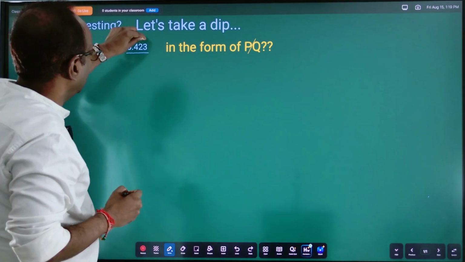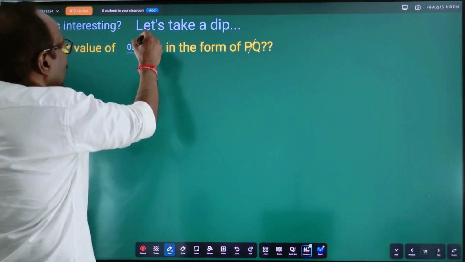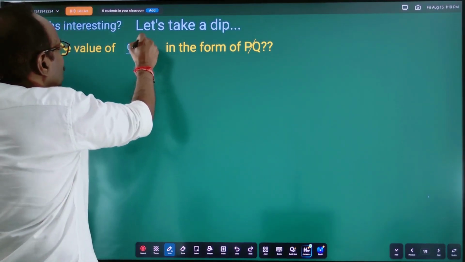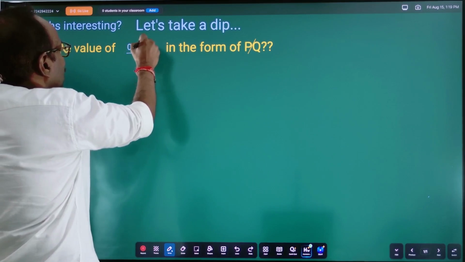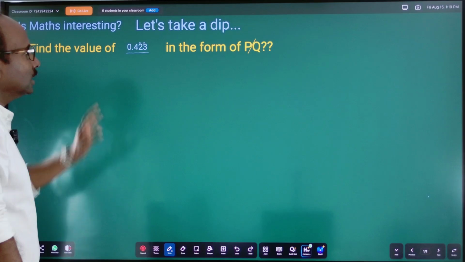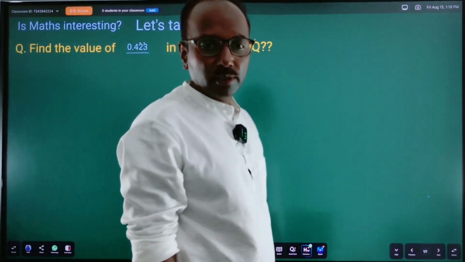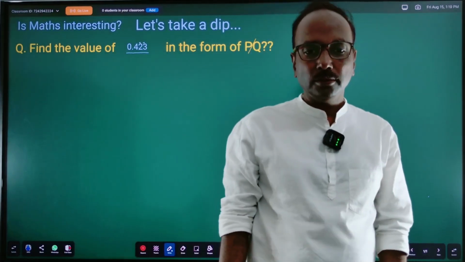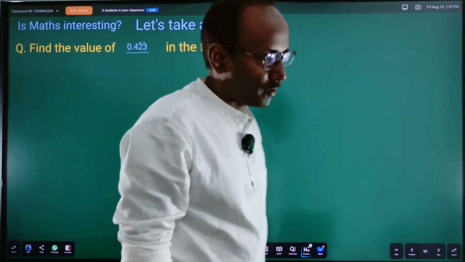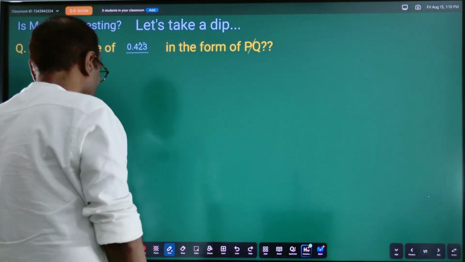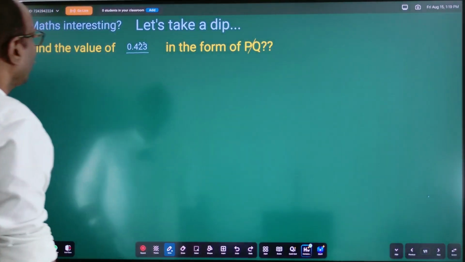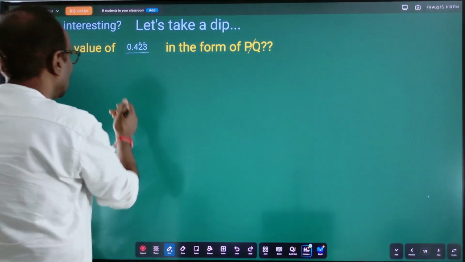That is why the dotted line is on top of 2 and 3. Let us make it more clear like this, in the form of P by Q, where P and Q are whole numbers. So let us start.